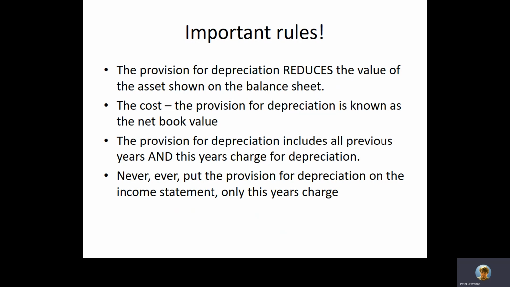Provision for depreciation reduces the value of the asset shown on the balance sheet. Remember that cost minus the provision is known as the net book value. The provision includes all previous years and this year's charge for depreciation.